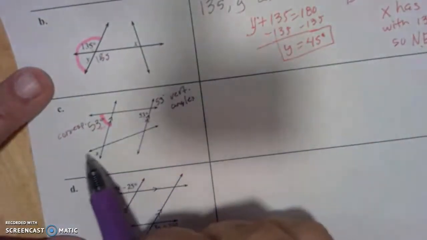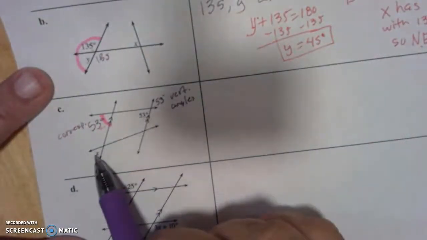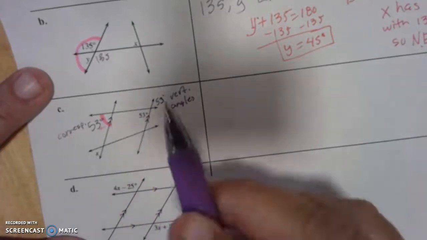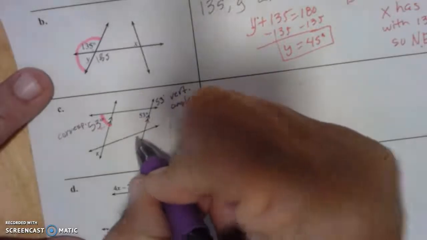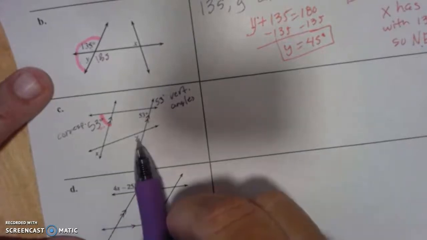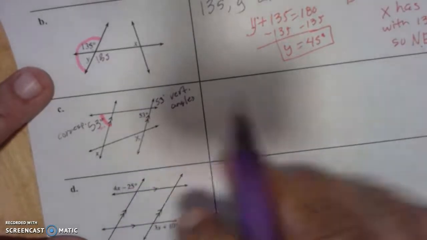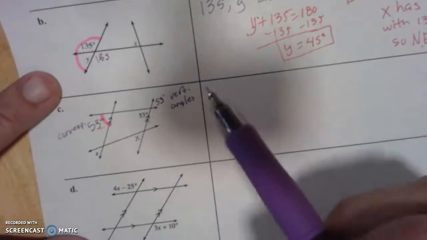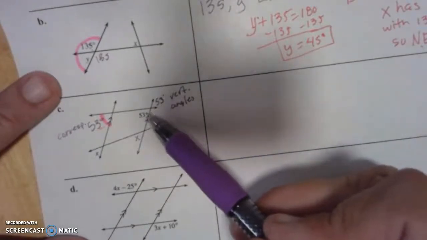But let's see. This line is cutting across two parallel lines, so that means this one would be the same as this X right here. Okay, so this X and that X, they're the same. That's why I put the X there. I'm using my little deduction. But let's see.